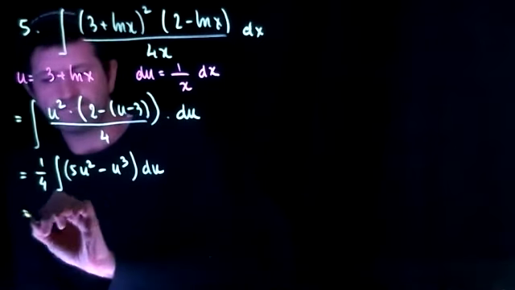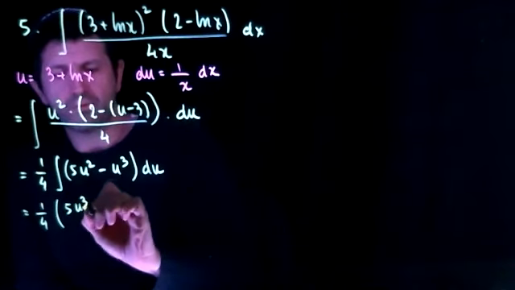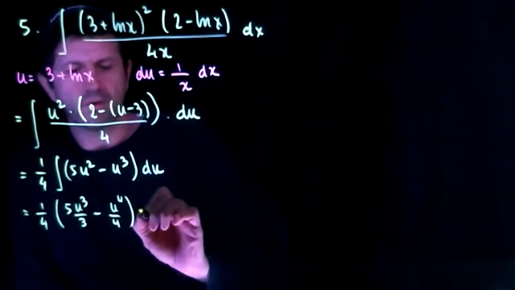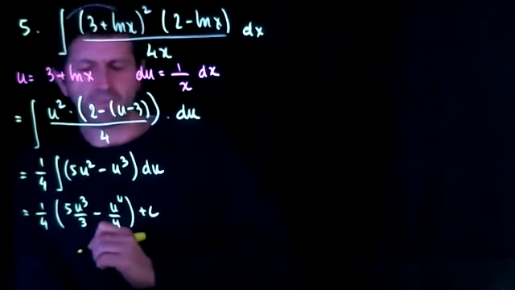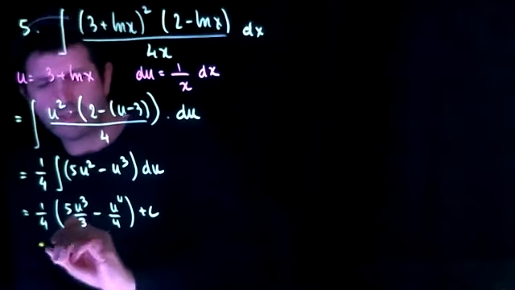And then it's easy. 1/4 times 5u cubed over 3 minus u to the 4 over 4 plus c. And then I replace the u back by 3 plus ln x and I'm done.